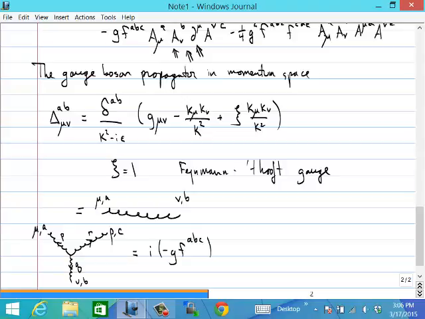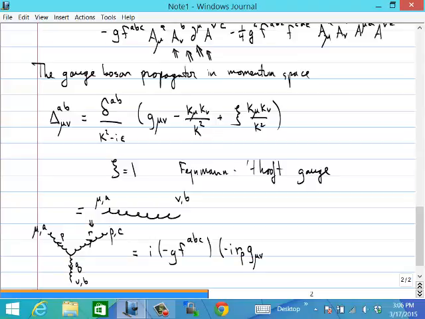And then, just looking at this interaction vertex, you get minus 1 power of momentum. So let's say that we're looking at this gauge boson here, which has momentum r. So you'll get an r^rho, sorry, I've mistaken my notes, times a g^{mu nu}.